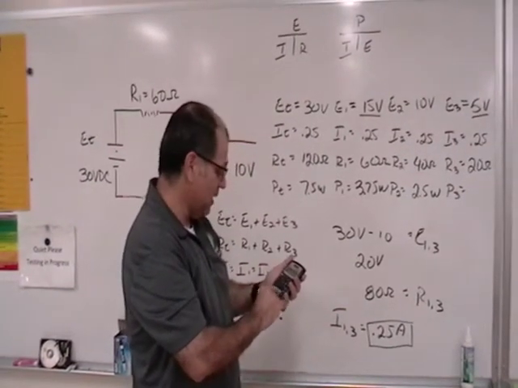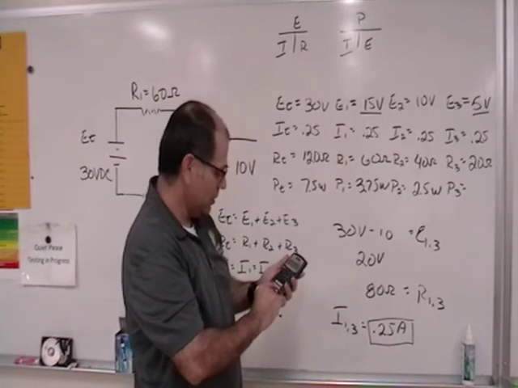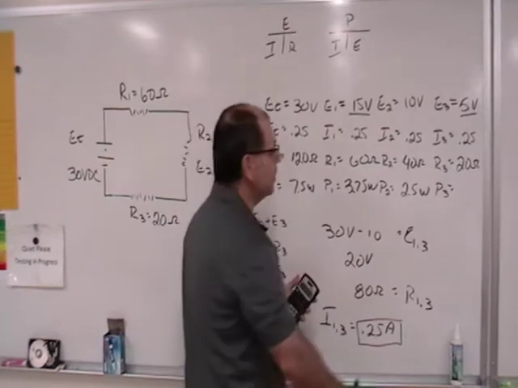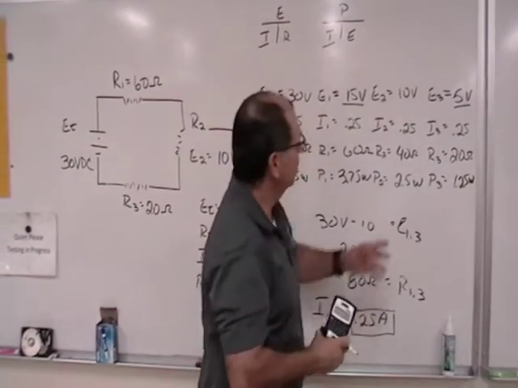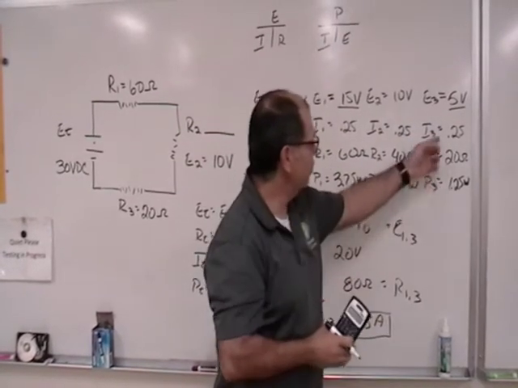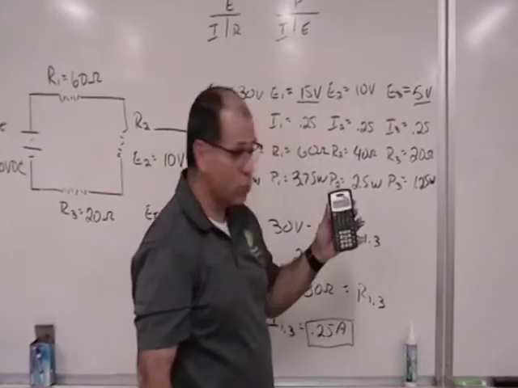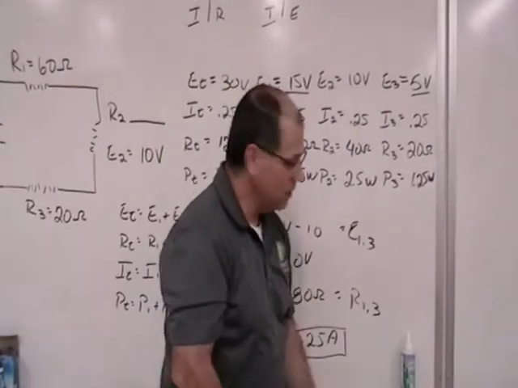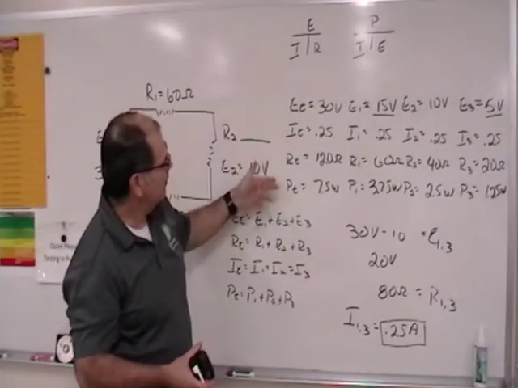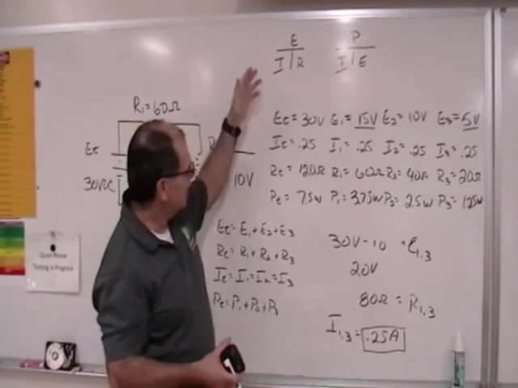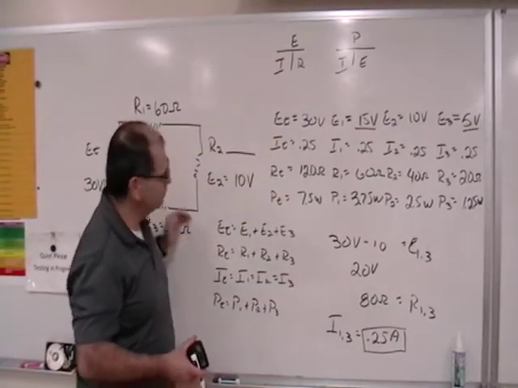So 7.5 minus 3.75 minus 2.5 gives me 1.25 watts. Well, if I do 5 times 0.25, that's also 1.25 watts.